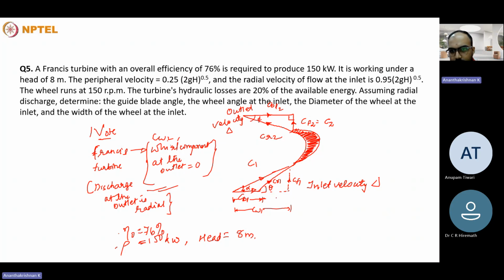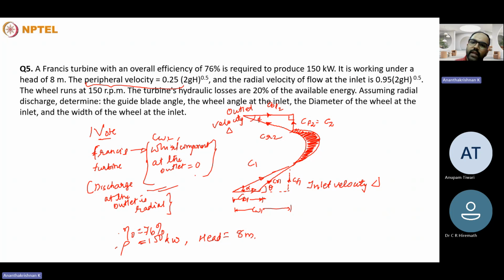We have to determine the blade velocity using the peripheral velocity, and the radial velocity of the flow at the inlet. The flow component is given as a ratio with respect to root of 2gh. The factor is 0.95. So we get CF1 from this ratio, and C blade velocity from the other ratio.